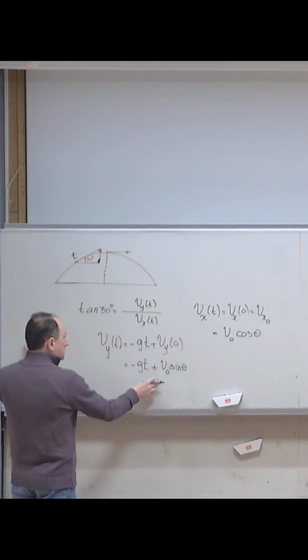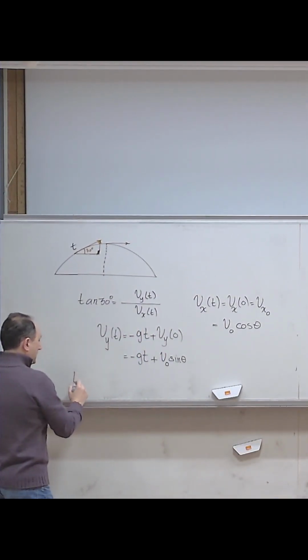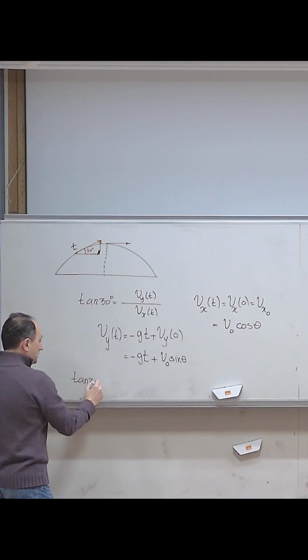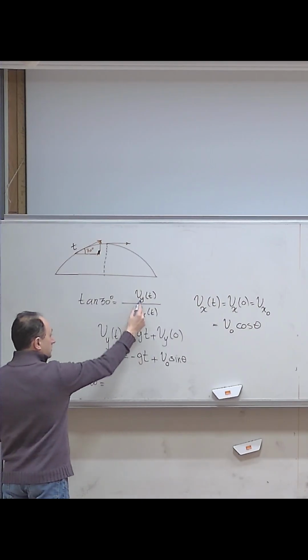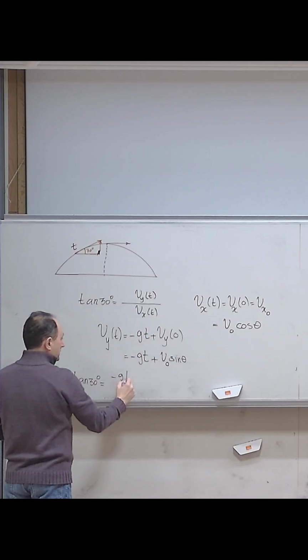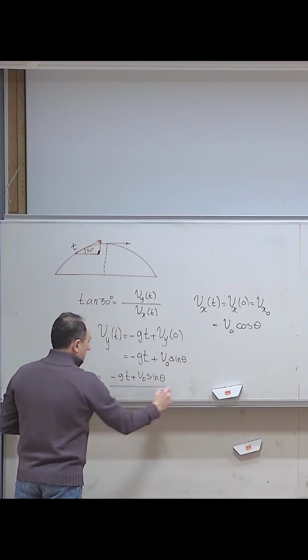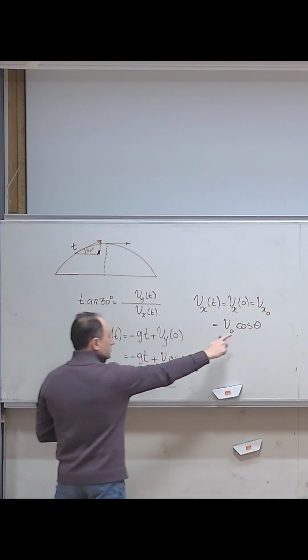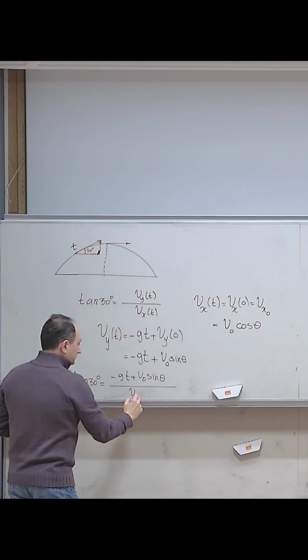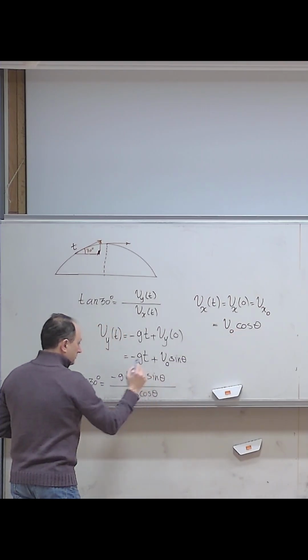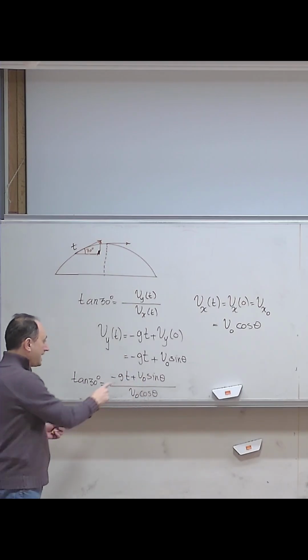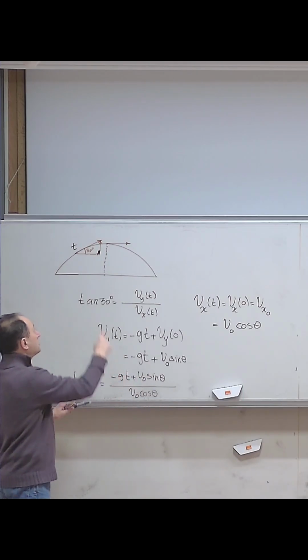So if I take them back and put them here, tangent of 30 degrees becomes equal to, instead of that expression, I put this, and instead of this expression, I simply put this. This is at time t where the particle is here.